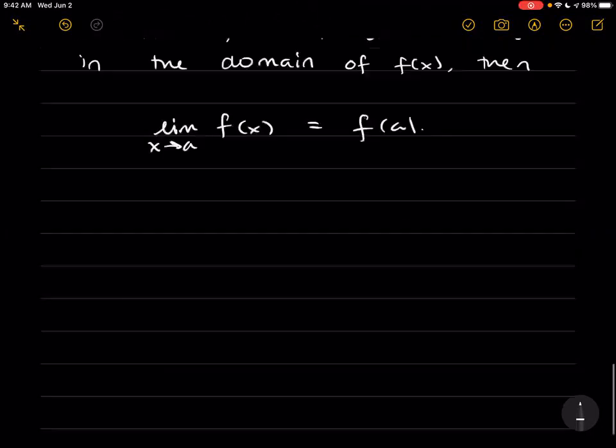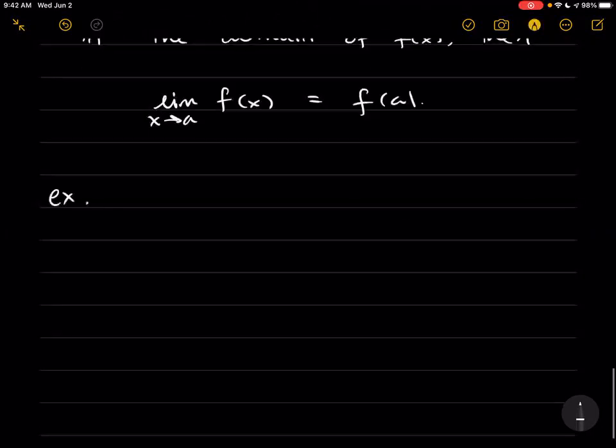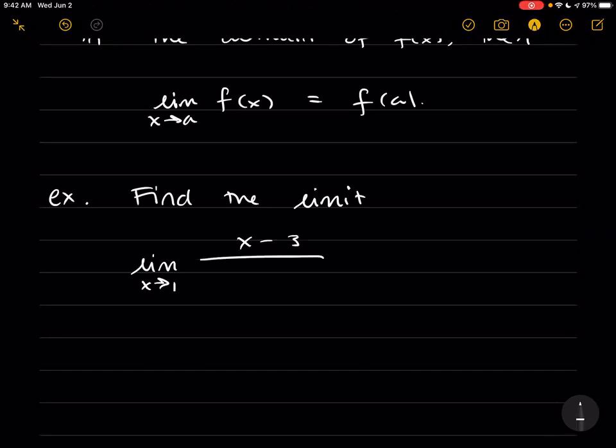So for example, let's say we want to find the limit as x approaches 1 of x minus 3 over x plus 2 times x plus 1.